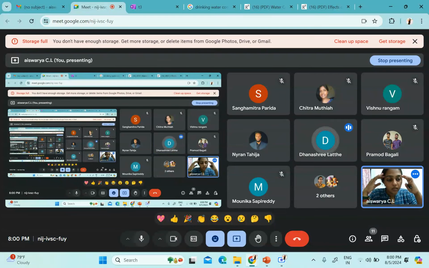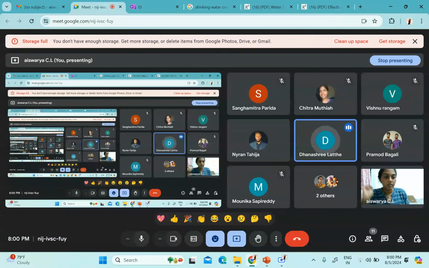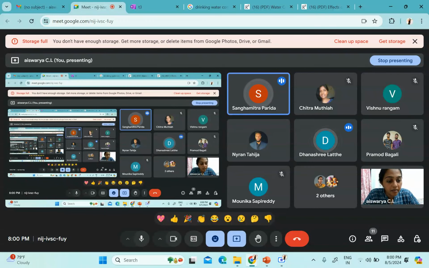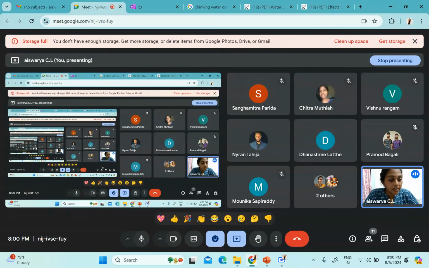Okay. So agriculture runoff is simple. See, agriculture waste means that you are adding some chemical pesticides. If you add that pesticide on the leaves or on the plant, it will accumulate in the plant body and also in the soil. So if you water the plant, the water will pass through the plant body and these chemicals will reach the soil.